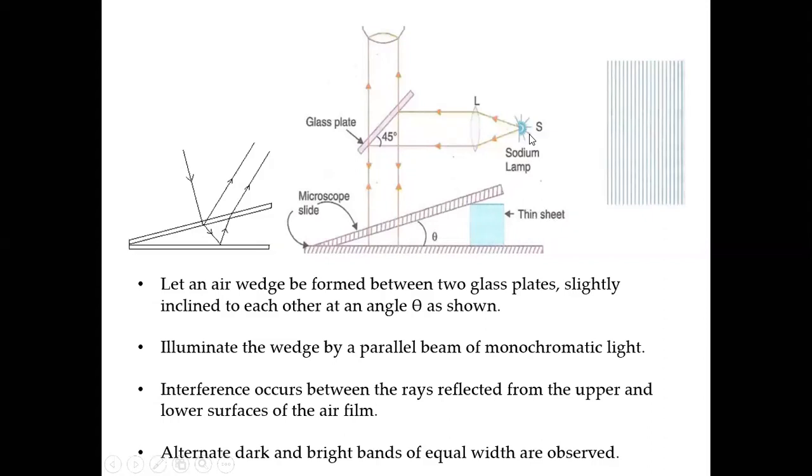Let lambda be the wavelength of light emitted from this source S. In the path of the parallel beam of light, let us place a plain glass plate at an angle of 45 degrees. Thereby, the incident beam of light, after falling on the inclined glass plate, gets turned by 90 degrees.